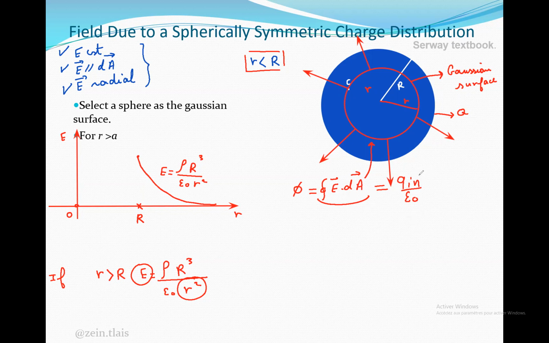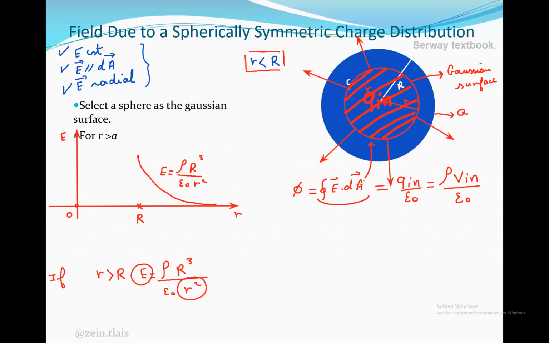And Qn is the charge inside the Gauss's surface. We can write Qn equals rho times Vn.